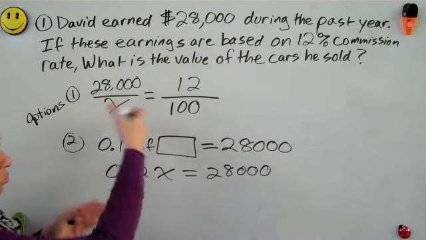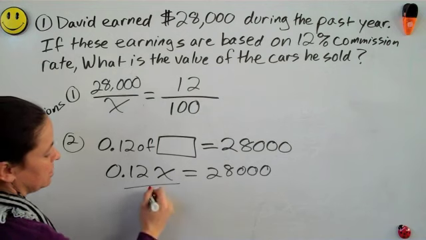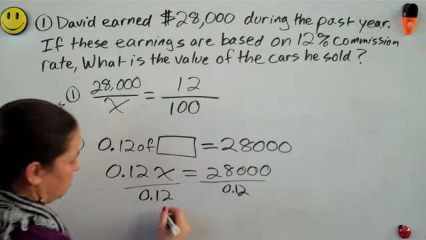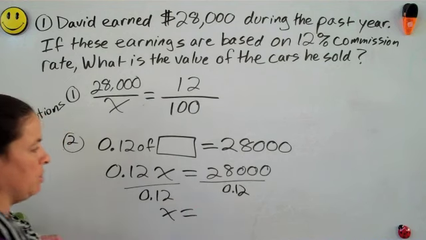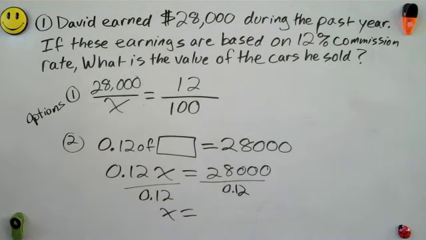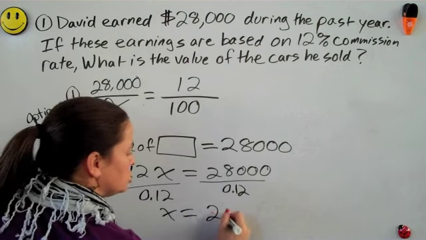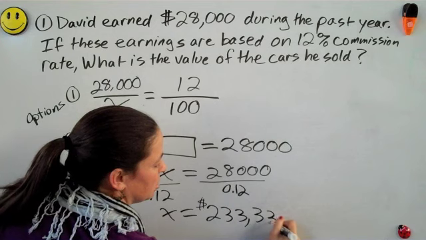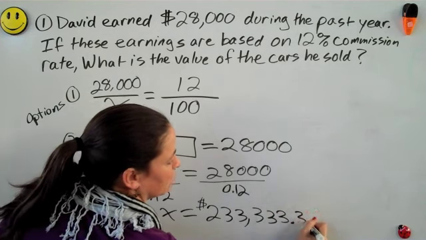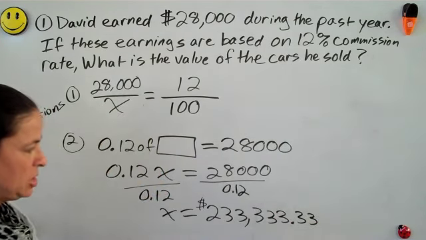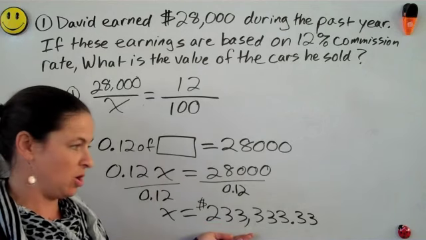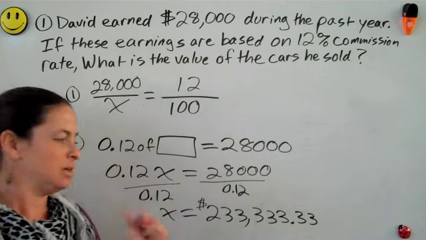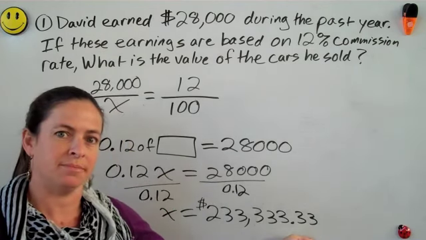Either method will work. If I use this and divide by 0.12 on both sides, I will end up with my x, which I believe is 233,333.33. So if he sells this amount of cars, he will earn $28,000, because that's 12% of this amount of money.